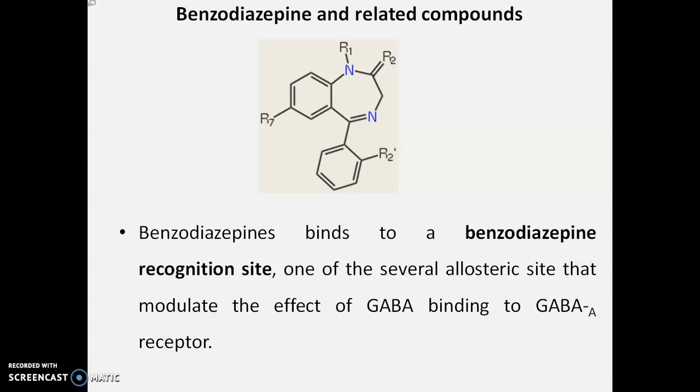Benzodiazepines bind to a benzodiazepine recognition site, one of the several allosteric sites that modulate the effect of GABA binding to a GABA A receptor. GABA is nothing but gamma aminobutyric acid.